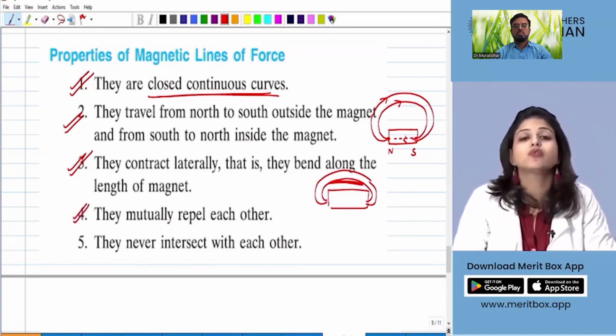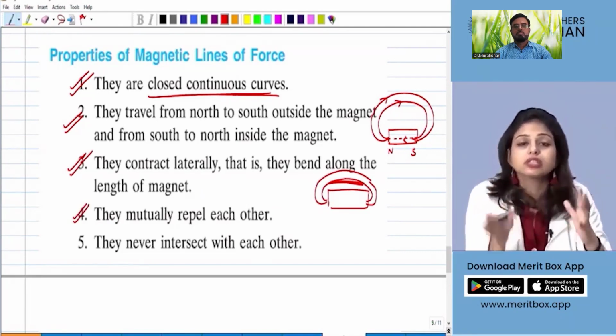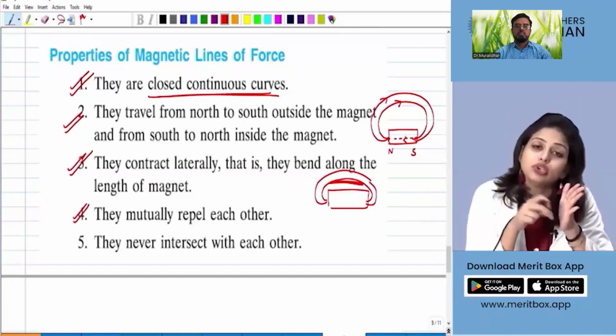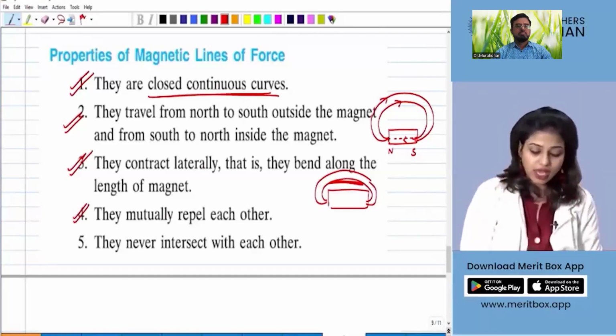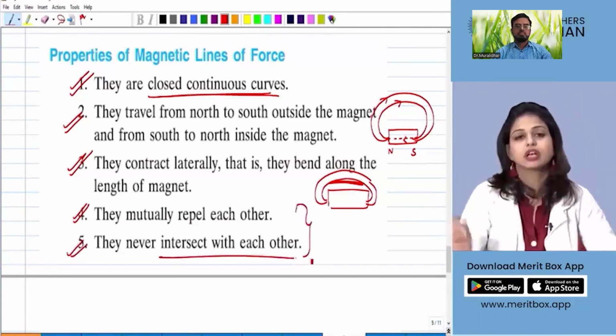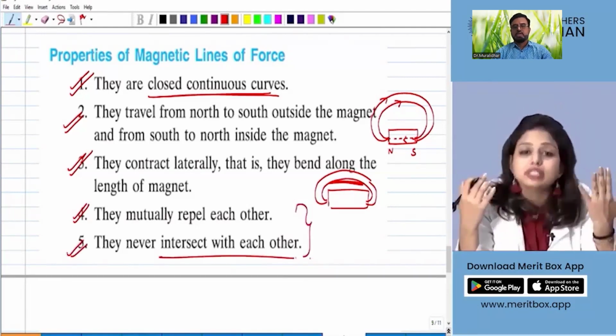Magnetic field lines will never cross each other because they are repelling each other. Each line is an individual field line that will never cross another line. And they never intersect each other. So these 2 points come together: they repel each other and thus they never intersect.